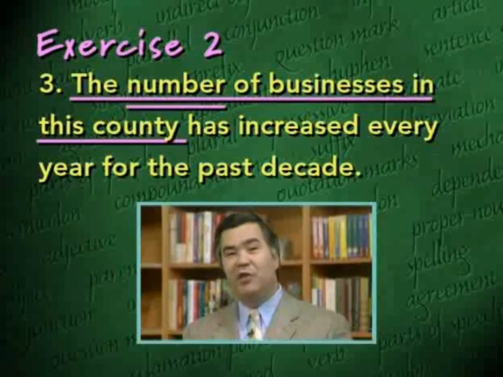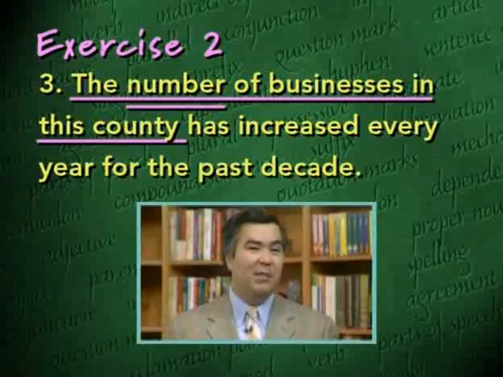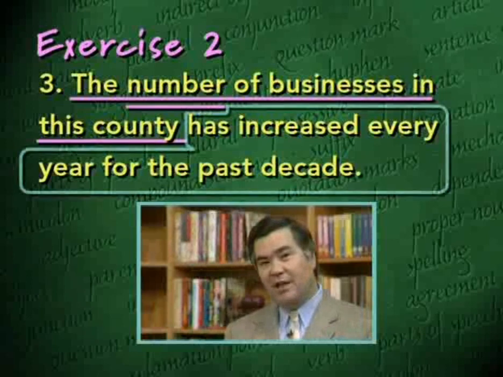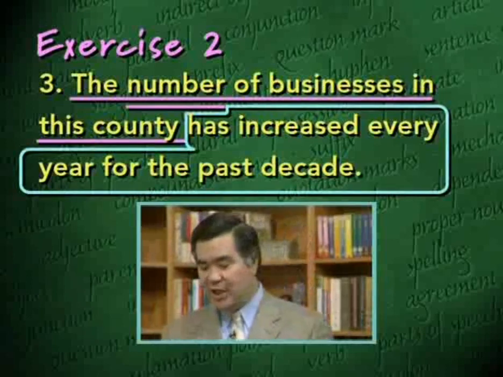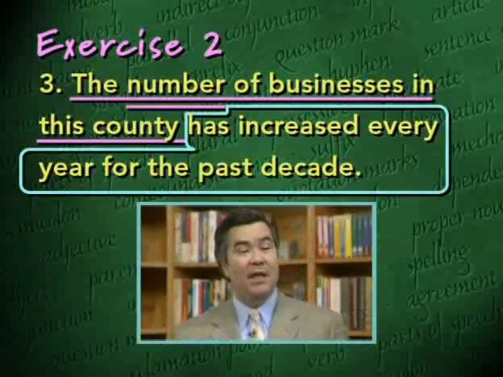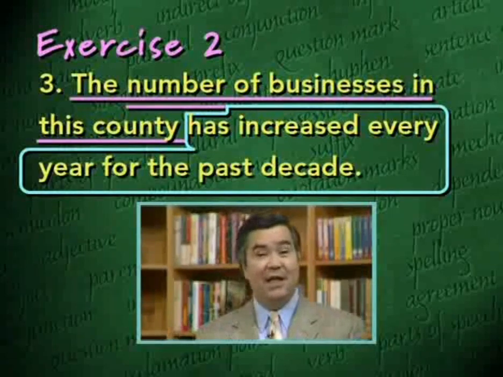One way to tell for sure is that that word, that simple subject, is the word that is most directly connected to the predicate. Let's look at the predicate. The predicate is the rest of the sentence, which says, has increased every year for the past decade. Now remember, the predicate tells us what the subject of the sentence does.